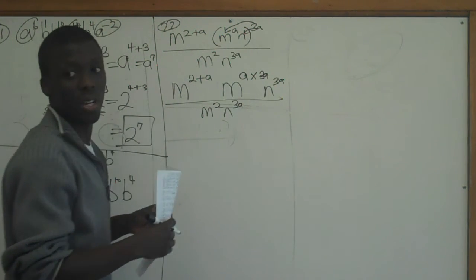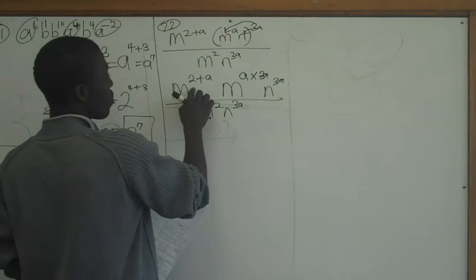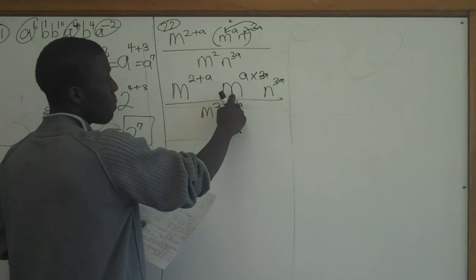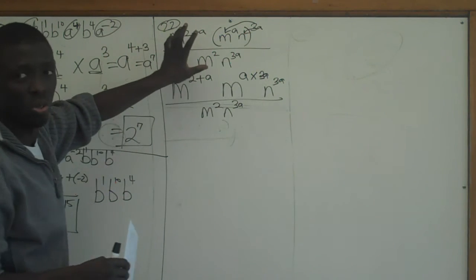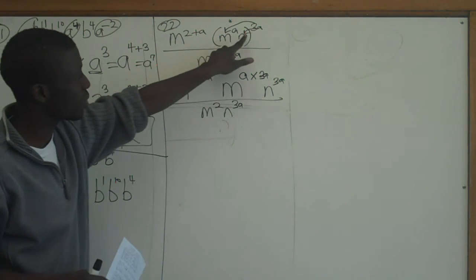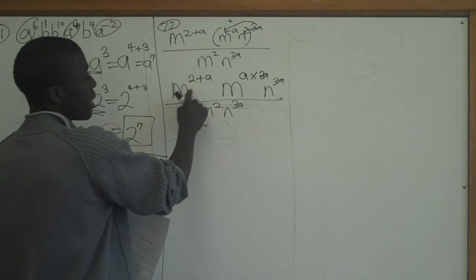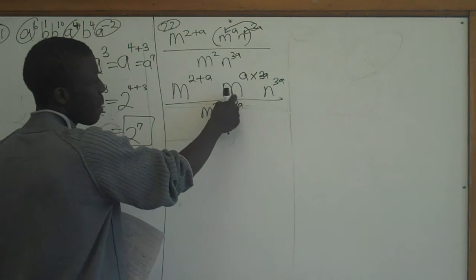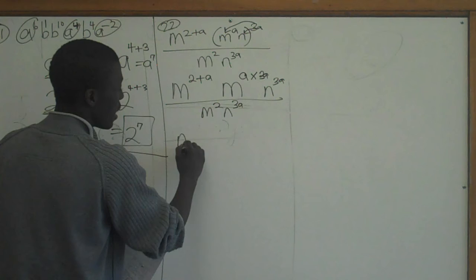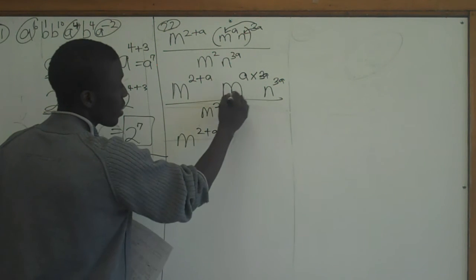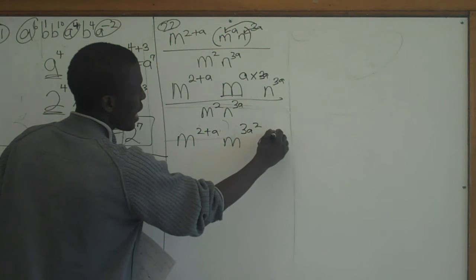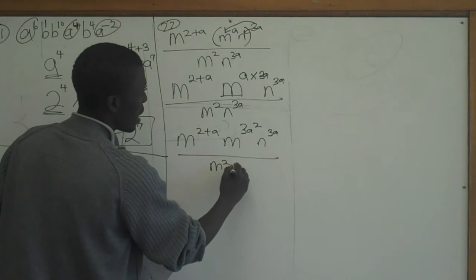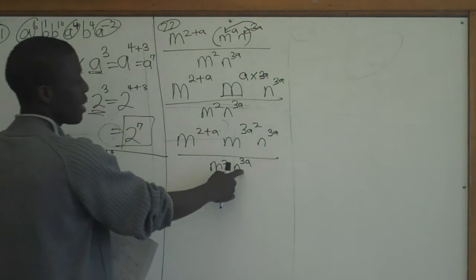So when you look at this, you would realize that we have m to the power 2 plus a, m to the a times 3a, and then n to the 3a. What you need to do again is don't be afraid. Just look at what happens to the 3a. Now it's m to the 2 plus a, and this other m is now m to the 3a squared, and then this is n to the 3a divided by m squared n to the 3a.